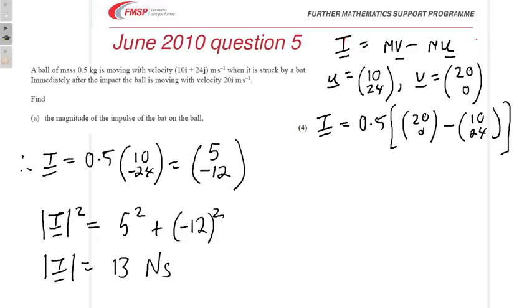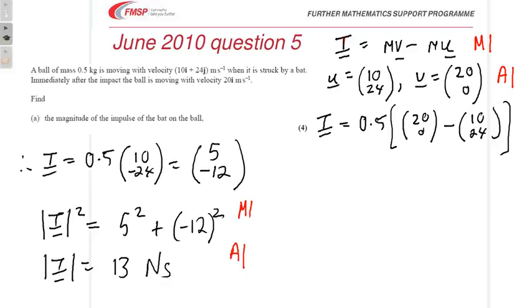There was a method mark for the impulse momentum equation and an accuracy mark for creating that equation properly, putting the right vectors in. And then there was a method and accuracy mark for finding the impulse as a vector and then finding the magnitude of it. So here, an M1 and an A1. There's 4 marks for that part.